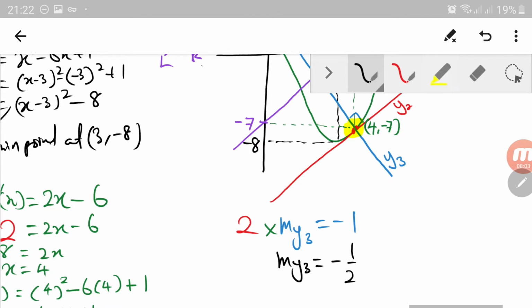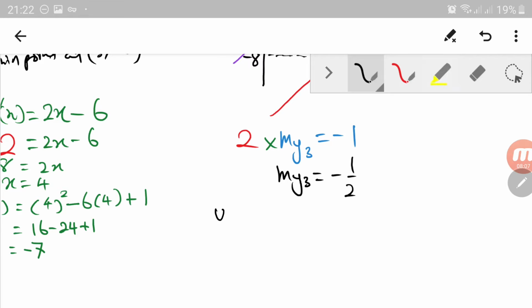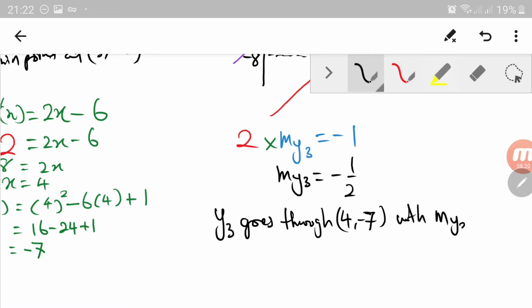We know that y3 goes through (4, minus 7) with m of y3 equals minus half.